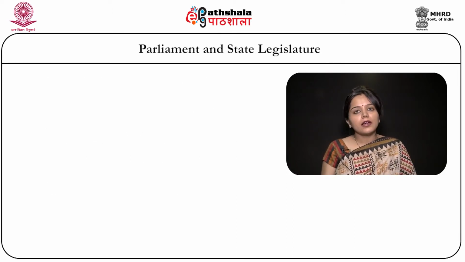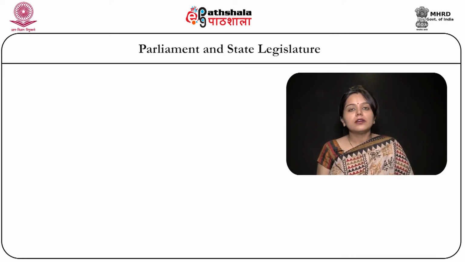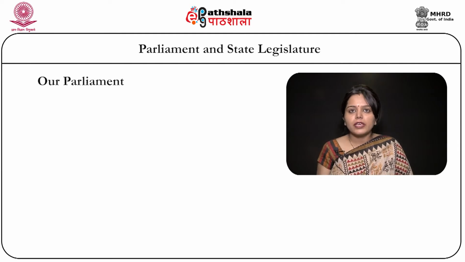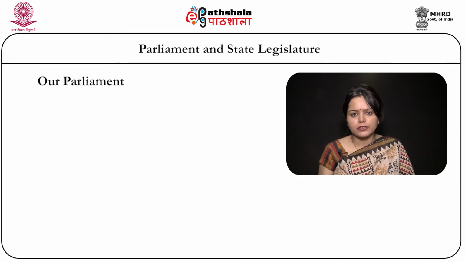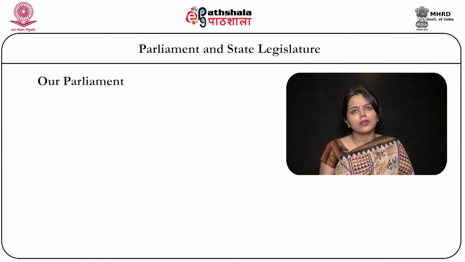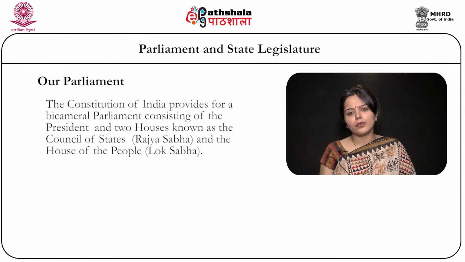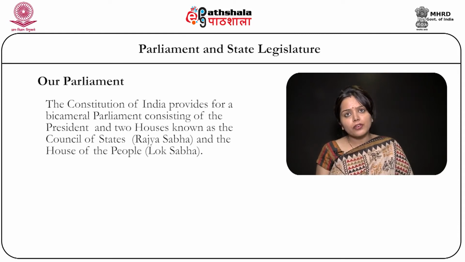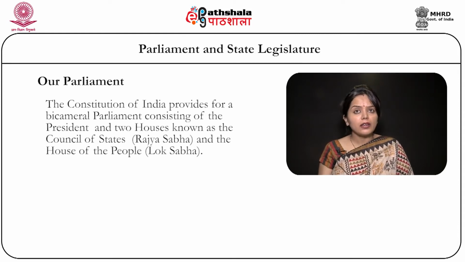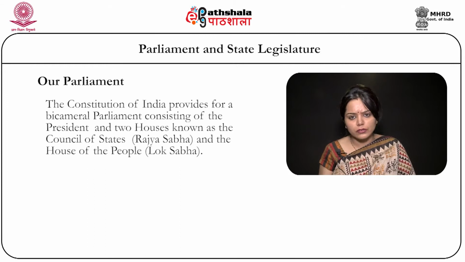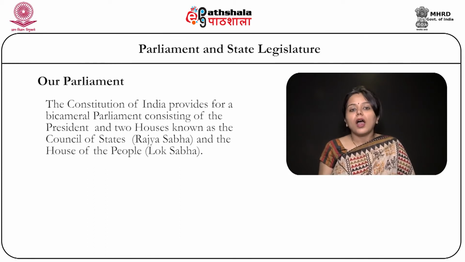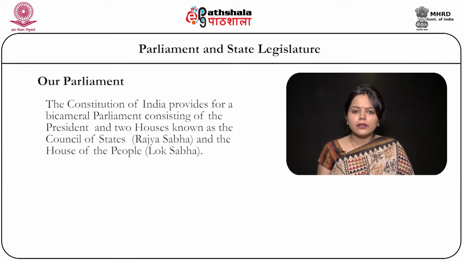So, I will start my lecture with the term Parliament. Students, the Constitution of India provides for a bicameral Parliament. Bicameral Parliament means a Parliament where there are two houses, but our Parliament consists of the President and two houses.